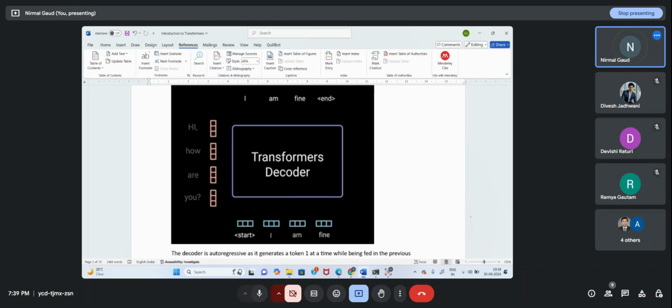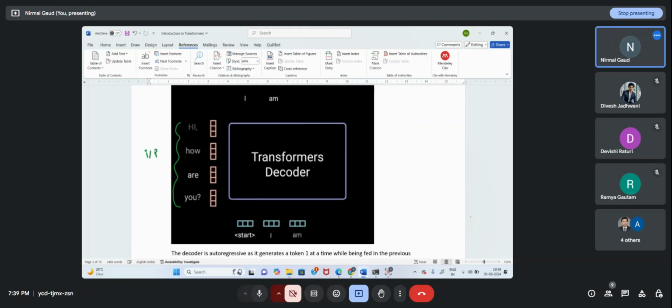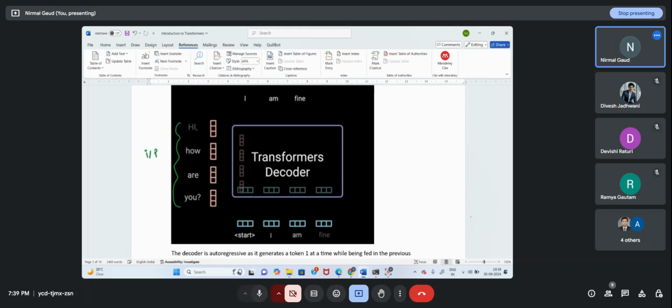Now, just focus upon the input. Let us suppose this is what you have given as an input to the encoder of the transformer: hi, how are you? Can you carefully see the GIF working?